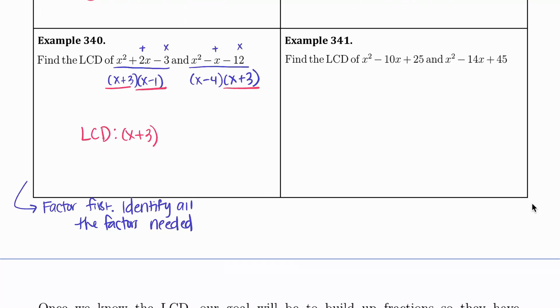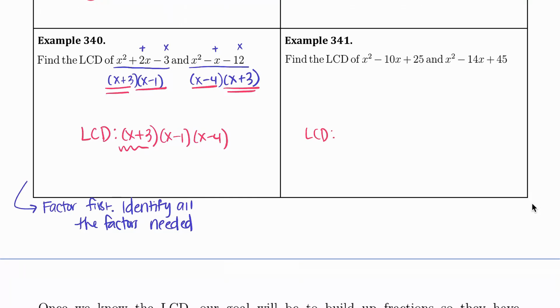This one has an x minus 1, and this one has an x minus 4. So it has to include all the different factors from each of our polynomials. Notice I only wrote x plus 3 once because they both already have that. So x plus 3, x minus 1, x minus 4. Alrighty, and then our last one here, same thing, let's factor.